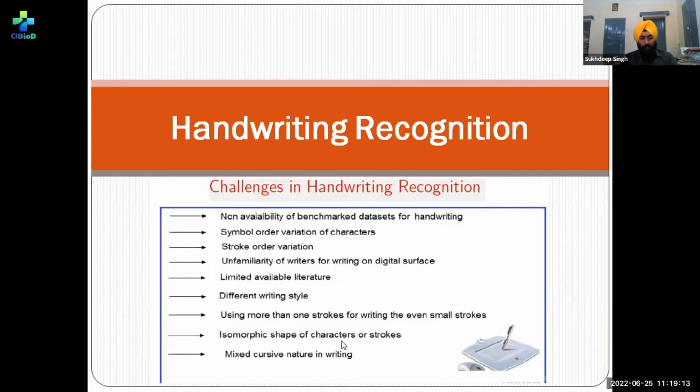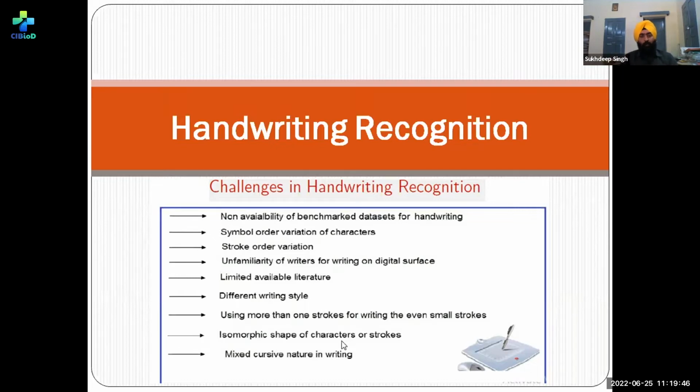Then the second challenge is symbol order variation of characters. Someone can write a symbol first, and another can write that particular symbol last. So this challenge is also in handwriting recognition. But in the case of OCR, this challenge is not there because machines print from the top left corner and go to the bottom right corner.